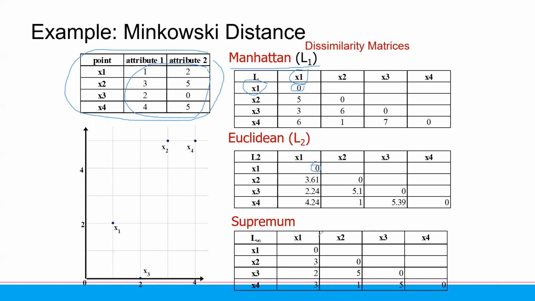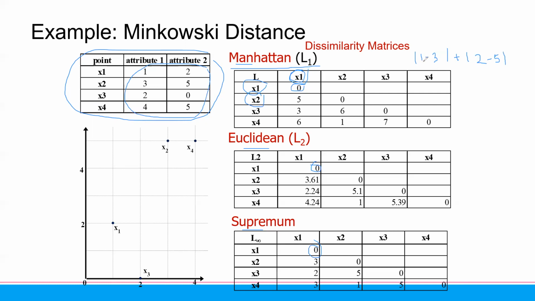The distance will be 0 for all methods: Manhattan, Euclidean, and supremum. What about the distance between x2 and x1? For the Manhattan, we just do the very simple absolute value: 1 minus 3 plus 2 minus 5.